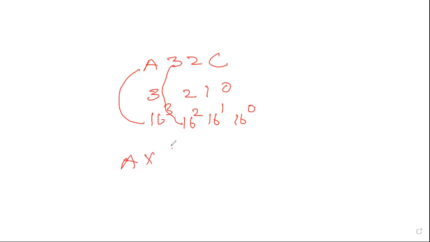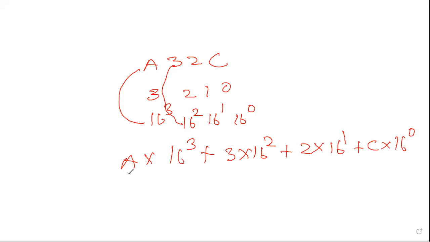A into 16 to the power of 3 plus 3 into 16 to the power of 2, 2 into 16 to the power of 1, and C into 16 to the power of 0. 16 cubed, 16 into 16 into 16 is 4096, and A is 10. 10 into 4096 plus 3 into 256 plus 2 into 16 is 32.